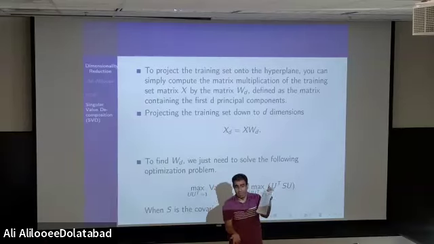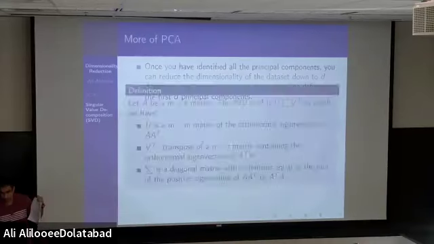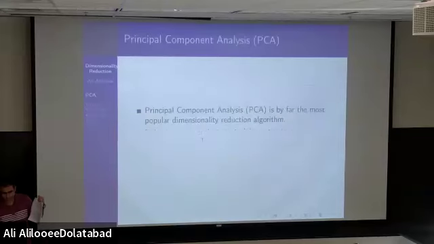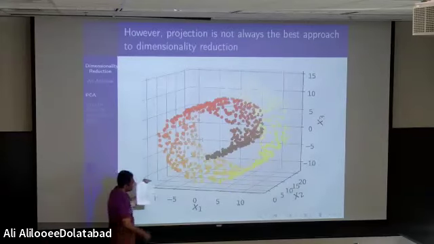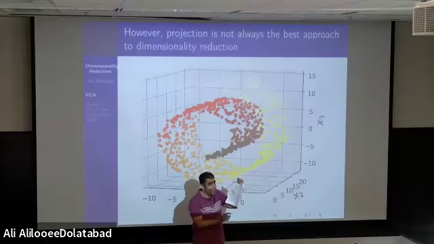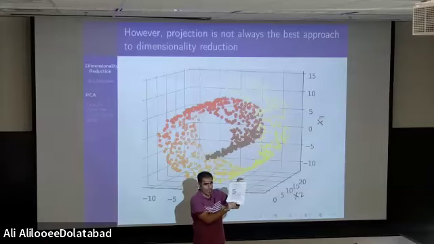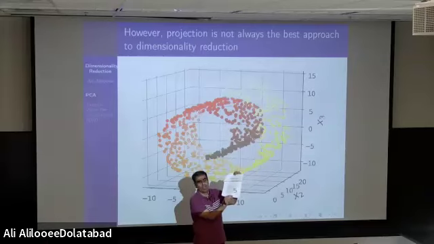Sometimes it works very well, but suppose your data set looks like this. In this case, if you use a flat space, I don't think it works well. Someone can say that instead of a flat space to project, let's use a space like this. In this case, projecting gets better. It means after projecting, you get better results. But PCA means we always project on flat spaces like this.